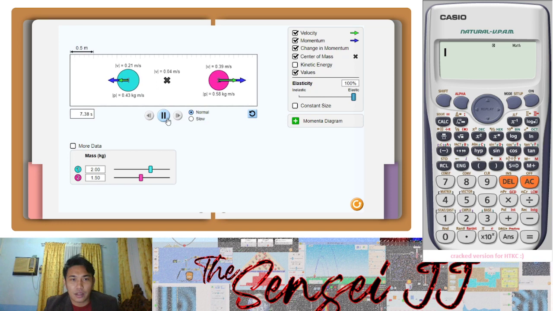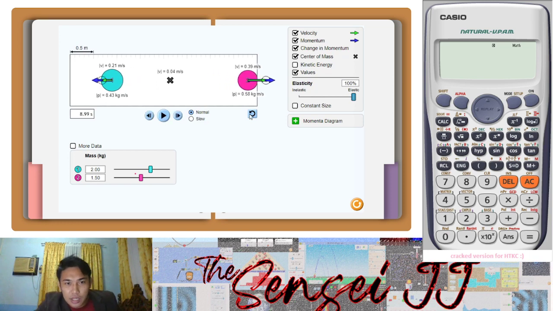As you can see, guys, the mass of the objects from the start is 2 kilogram and 1.5. So 2 kilogram is this one and 1.5 is this one.